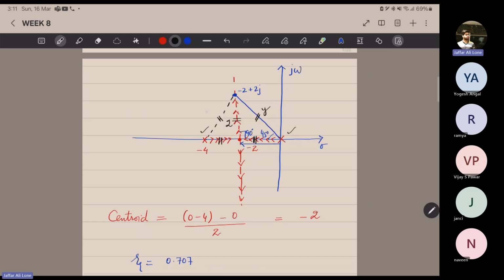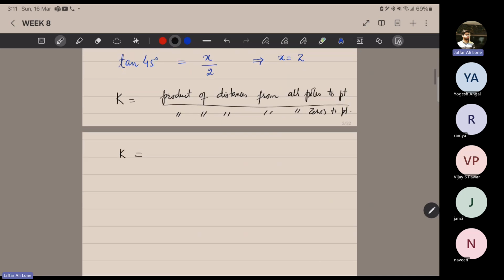Assume this is y1. By using Pythagoras theorem, y1 square is 2 square plus 2 square, that is equal to 8, which implies y1 is 2 root 2.